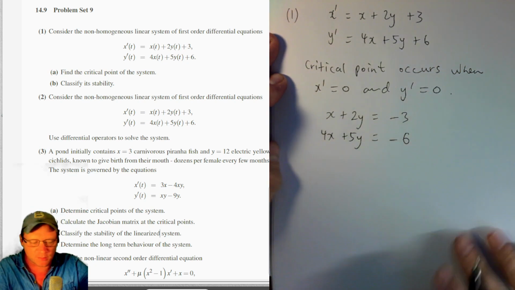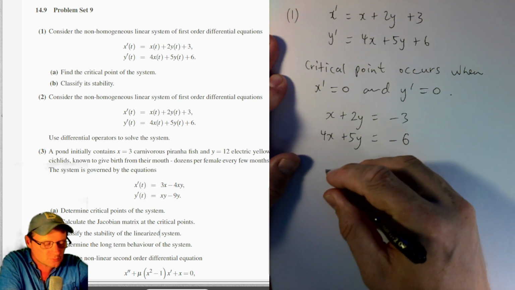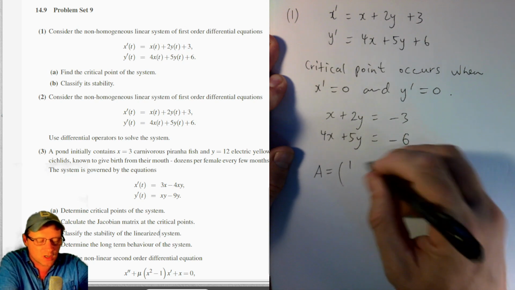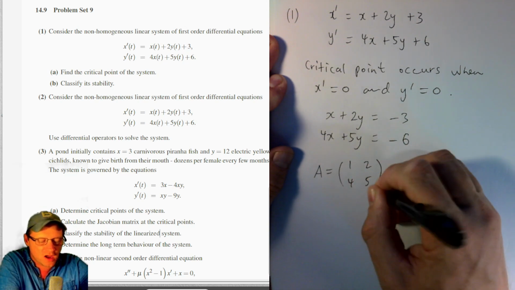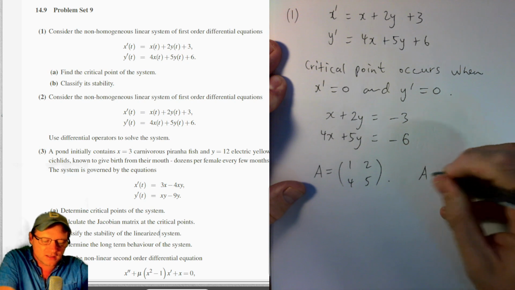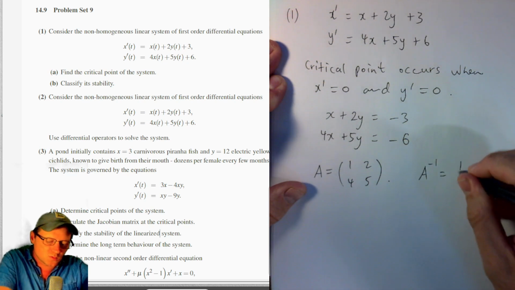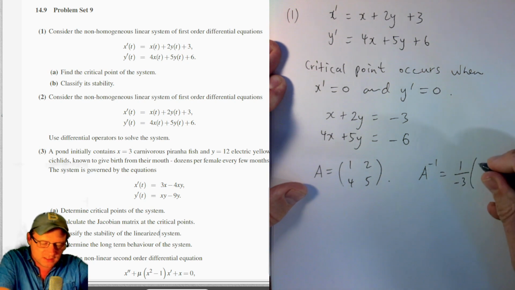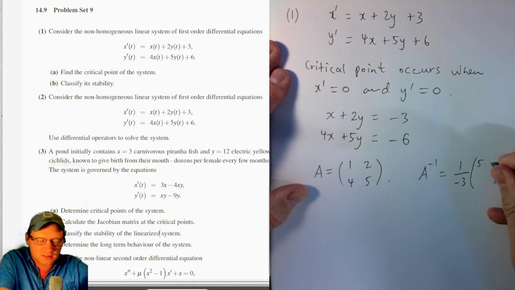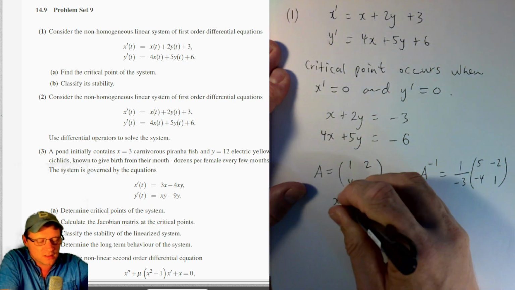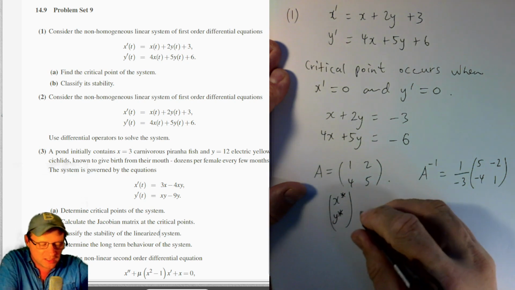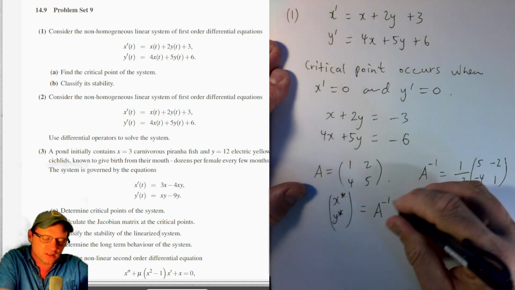Now, I'll take a matrix approach here because if I have the matrix A given by the coefficients of the x and y there, 1, 2, 4, 5, then the inverse of A is 1 over the determinant of A, so 5 minus 8 is -3. And then I take the 1 and the 5 and I swap their positions and put minus signs on the 2 and the 4.